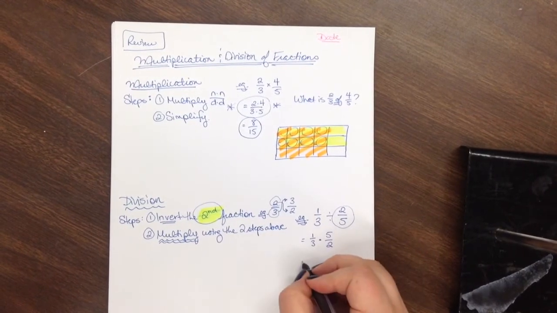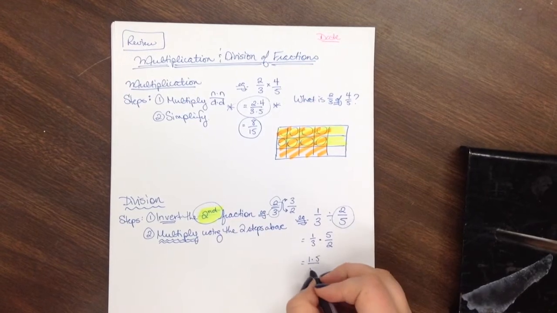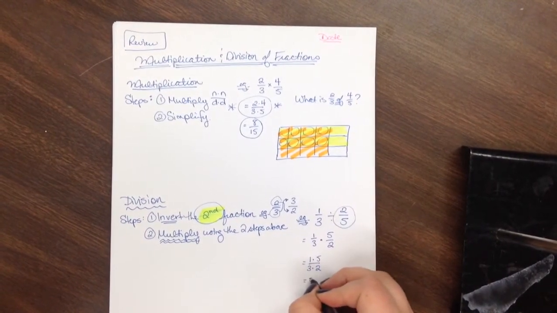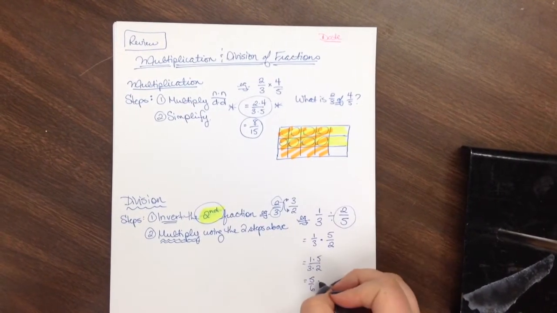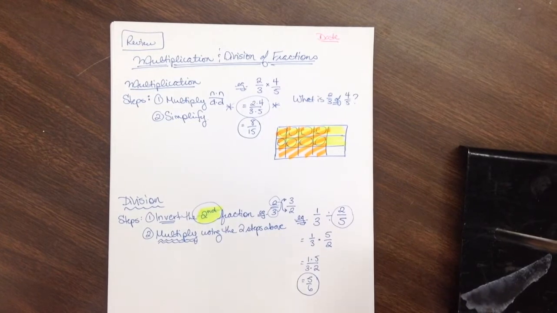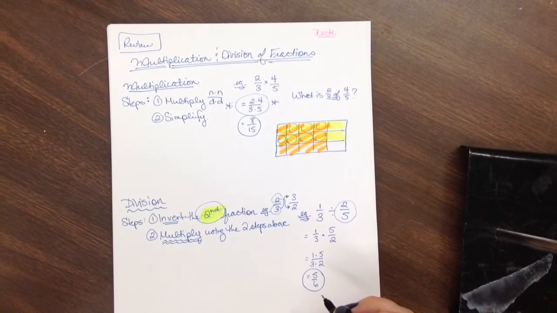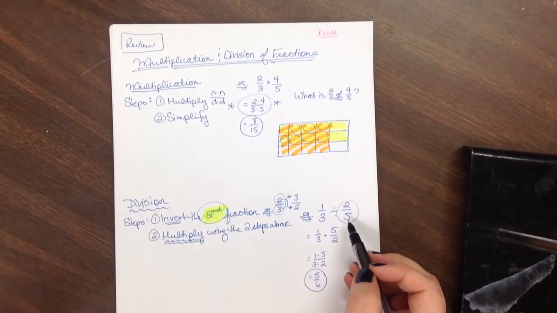Multiply my numerators on the top, so 1 times 5 on the top. My denominators on the bottom, so 3 times 2 on the bottom. 1 times 5 is 5. 3 times 2 is 6. This cannot be reduced any further, so 5/6 is my final answer. But what is 1/3 divided by 2/5 really asking us?